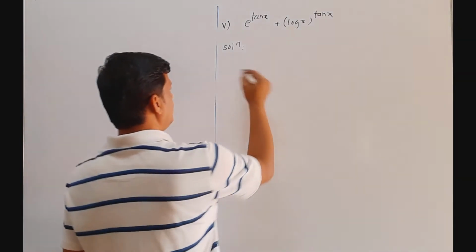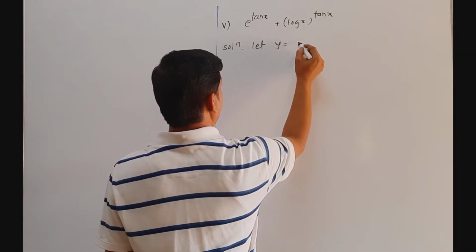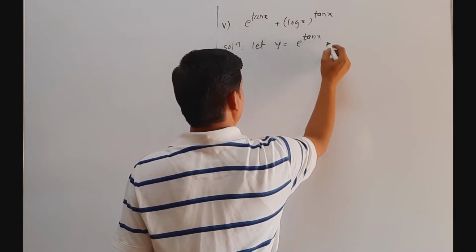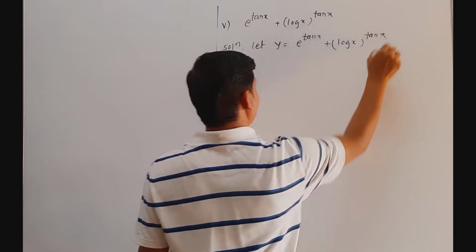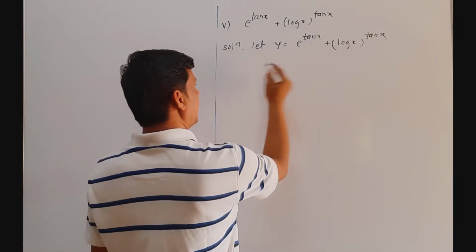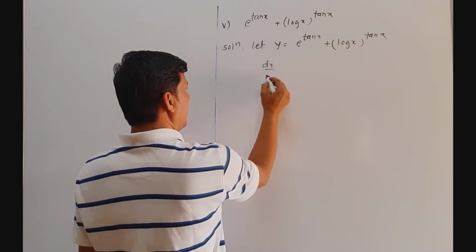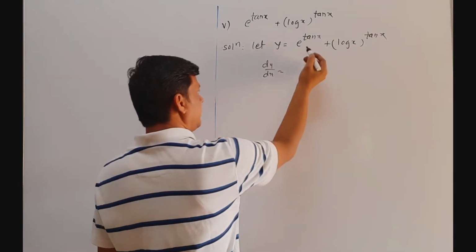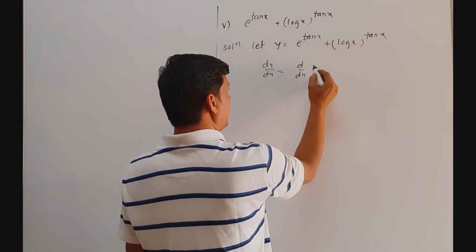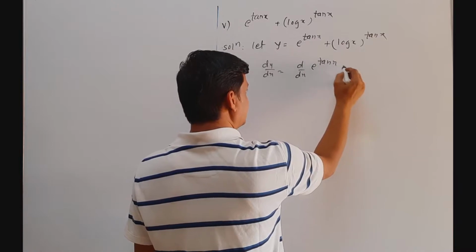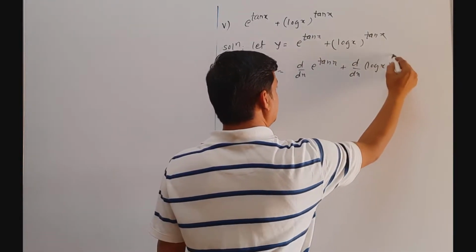Write in the solution: let y is equal to e raised to the power 10x plus (log x) raised to the power 10x. So we write the derivative of this as dy by dx is equal to the derivative of the first term plus the derivative of the second term. So d by dx of e raised to the power 10x plus d by dx of (log x) raised to the power 10x.